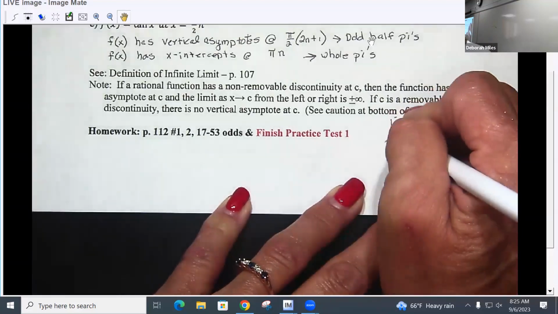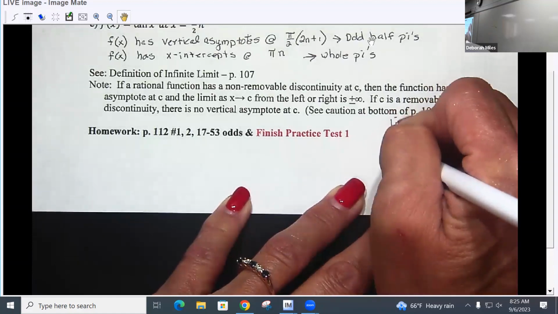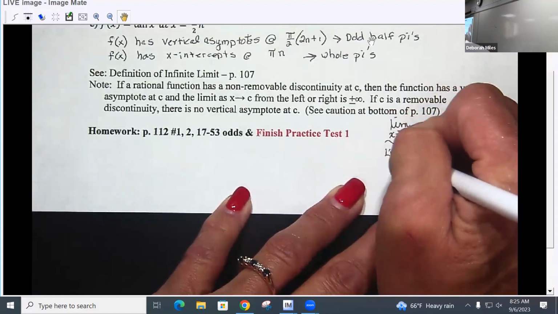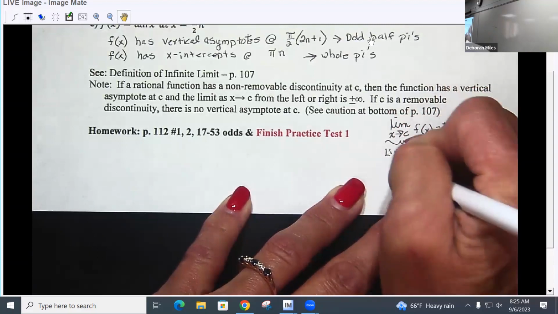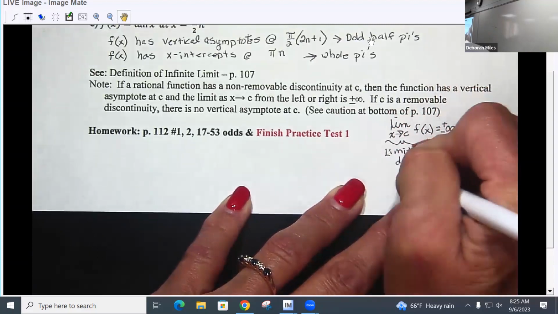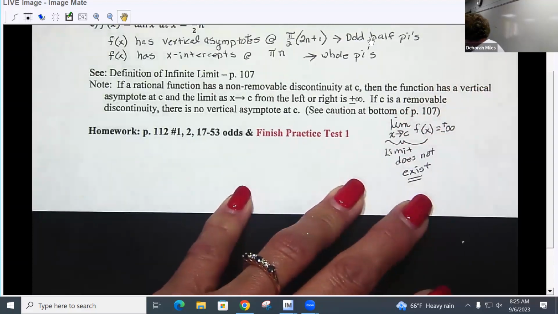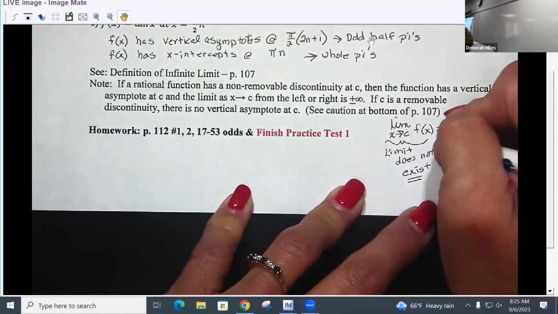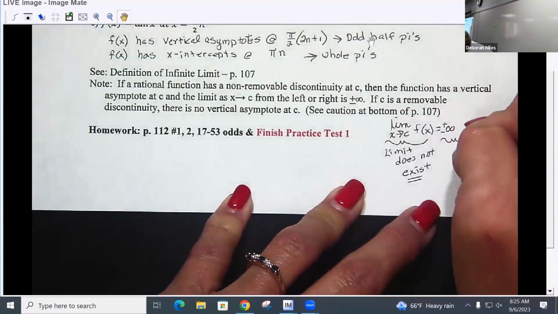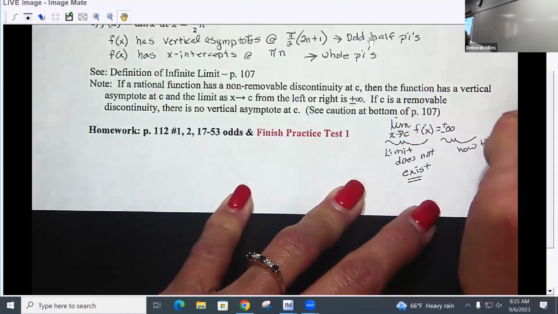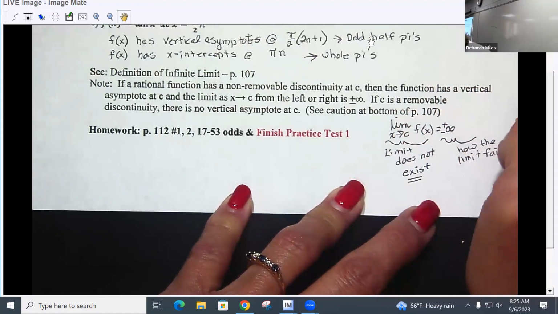That means the limit does not exist, and this is how the limit fails to exist.